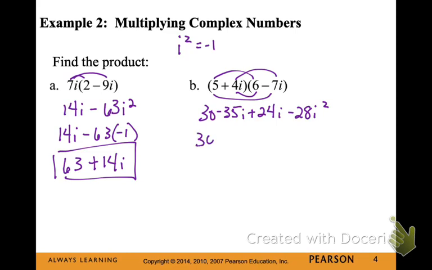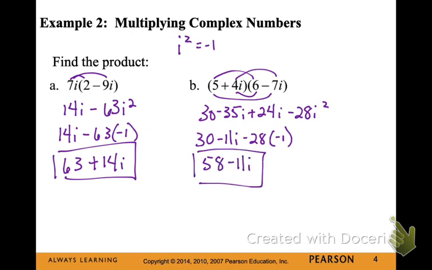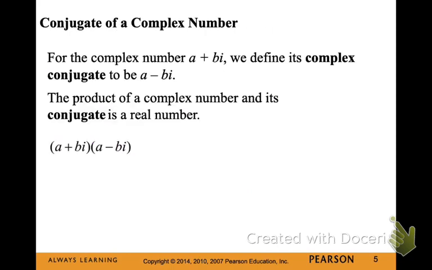So now I'm going to combine my i terms and then substitute in -1 for i squared. That will become a positive 28 added to the 30 is 58, and that's our real number portion, so that goes first, minus 11i.